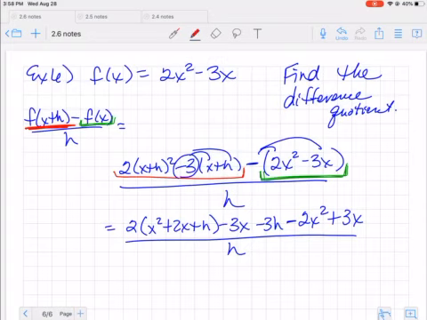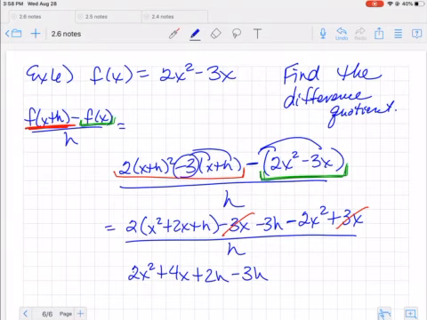At this time, if you see something that you can cancel out, such as those 3 x's, you can go ahead and do that. We need to put that first set together a little bit more here. So I get 2x squared plus 4x plus 2h minus 3h minus 2x squared all over h.